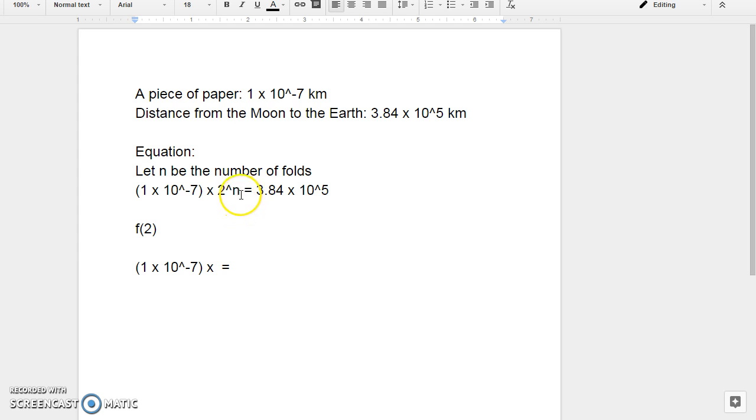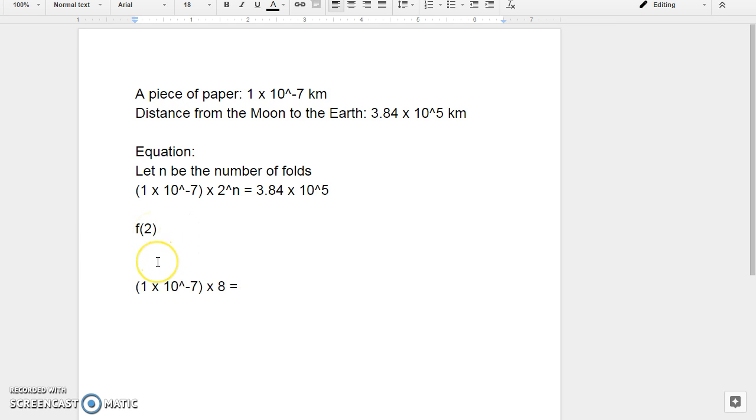So this is the equation of how you should do it. This is 3 folds, 2 to the power 3, and you guessed it, it is 8, which is double the previous, which is only 4 after 2 folds.